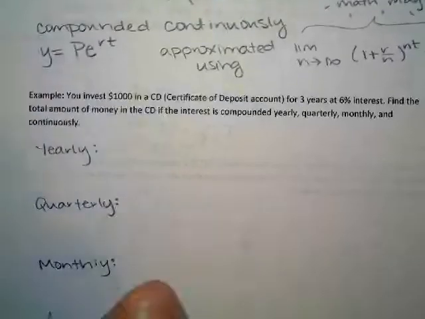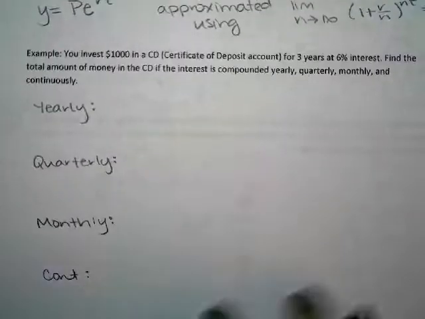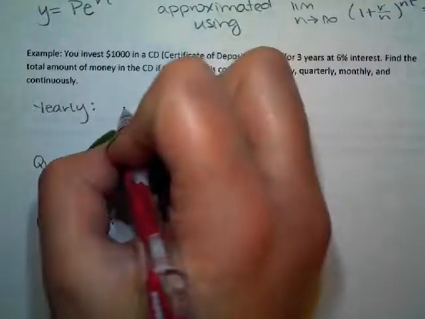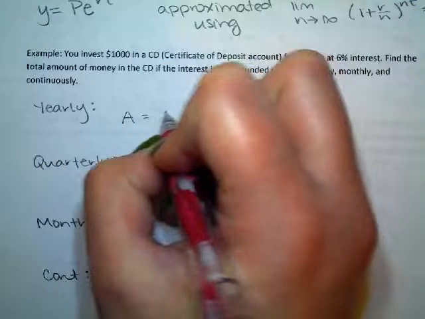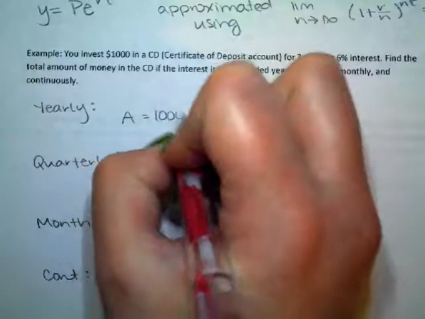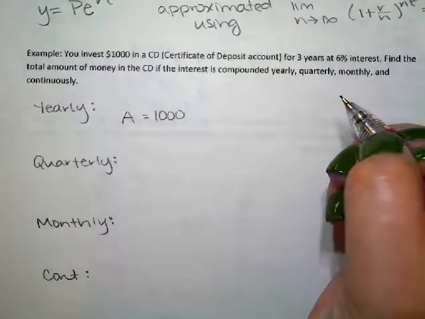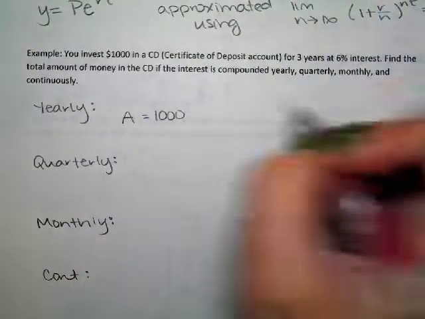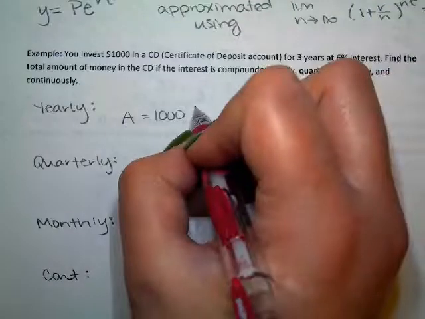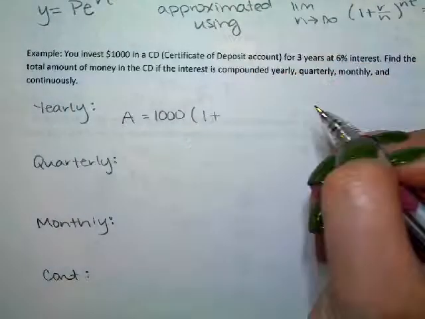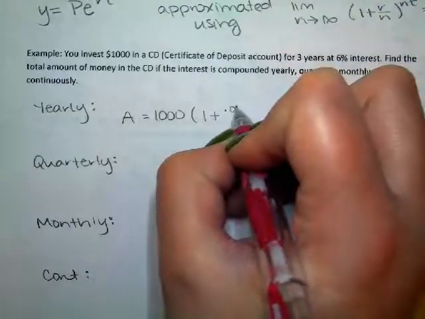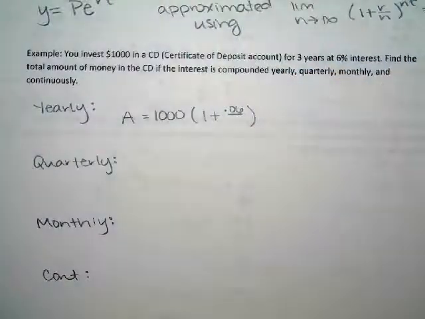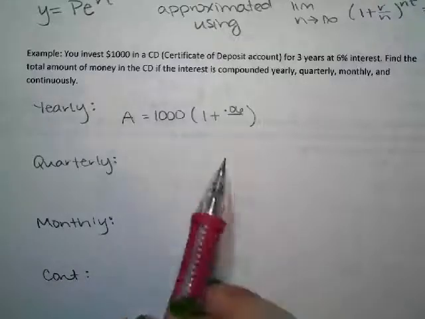So our final amount, if we invest $1,000, that's our principal. We have 1 plus 0.06. What is the n value if the interest is compounded yearly? 1, just once a year.